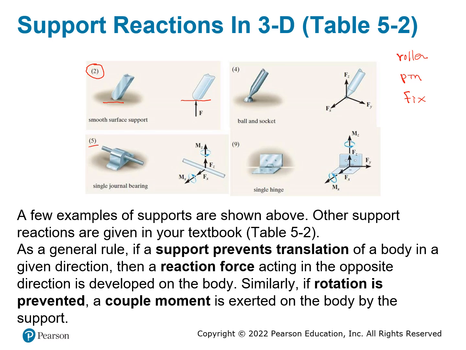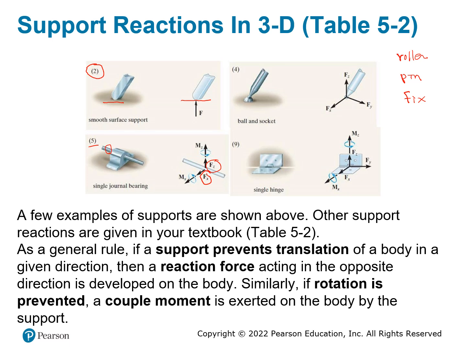This one is a journal bearing. You have a shaft going through the journal bearing. The journal bearing is a housing device that allows the shaft to rotate freely in this direction, but you cannot move left and right, up and down. So we have Fx and Fz.